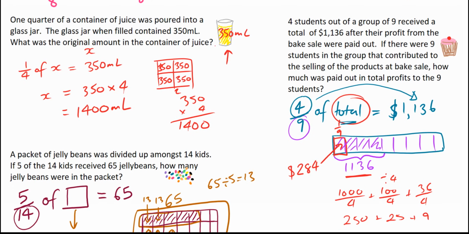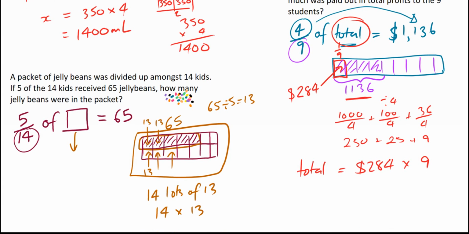So in total, the total profits would be $284, knowing that $284 is 1/9 of the total. Therefore 9/9, which is the actual total, will be 284 times 9.